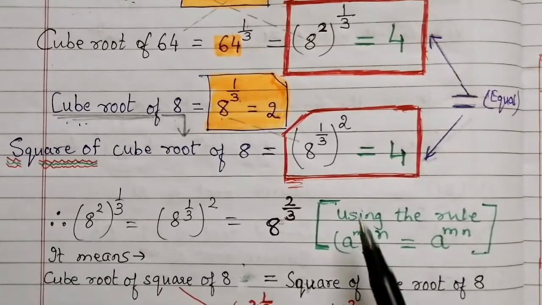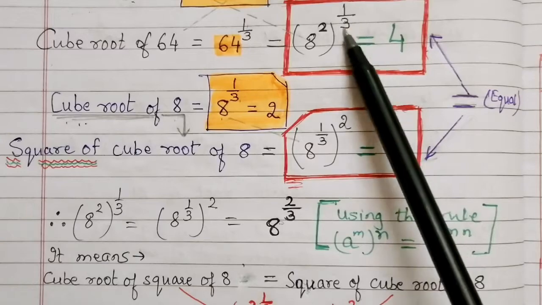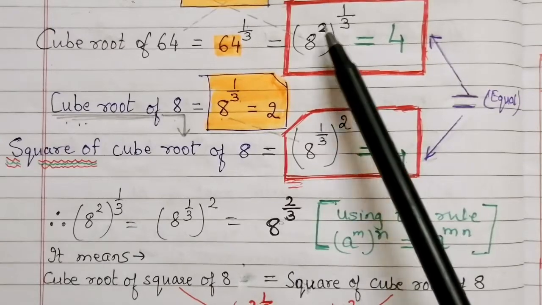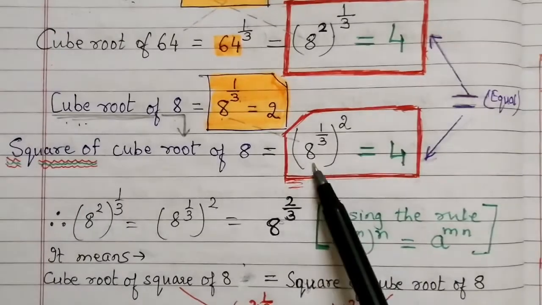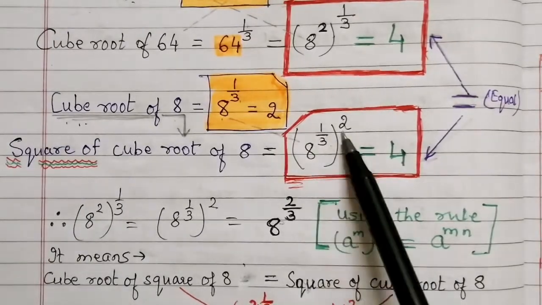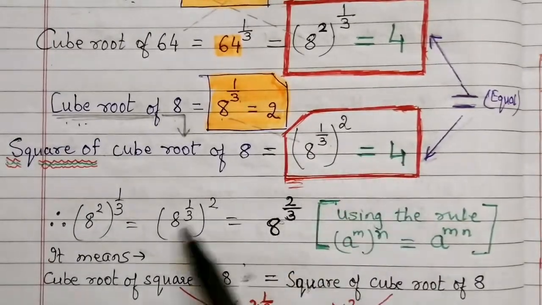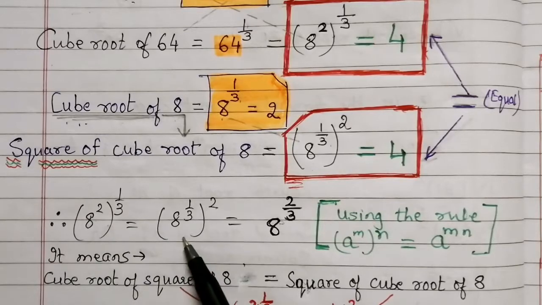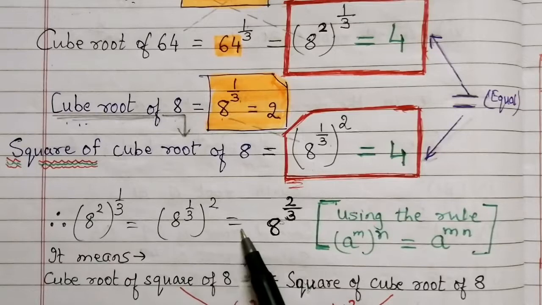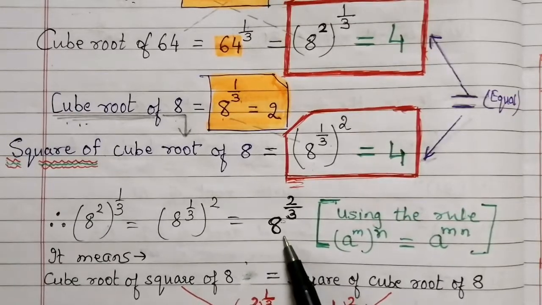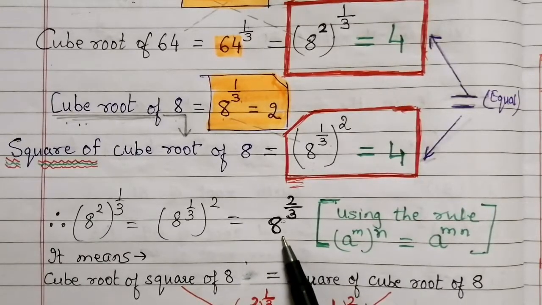We have found here that 8 raised to 2 whole raised to 1 upon 3 is 4, and 8 raised to 1 upon 3 whole square is also 4. So these both are equal.